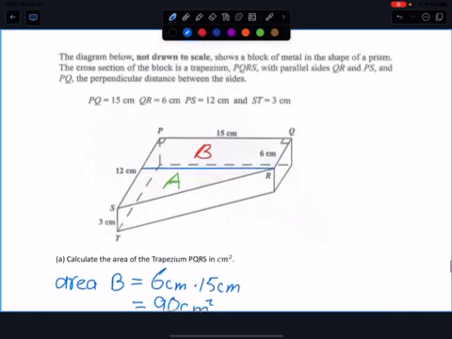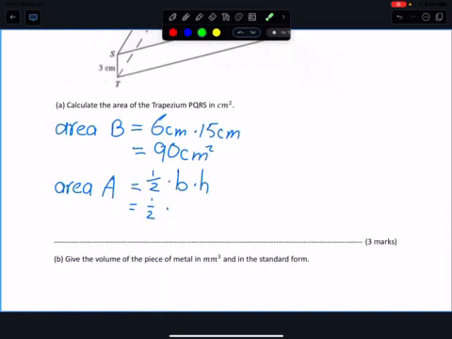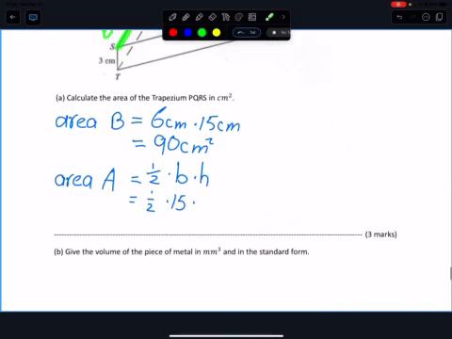A half multiplied by the base, which is 15. This 15 applies for this 15. Multiplied by the height, which is 6. Equals 45 square centimeters.